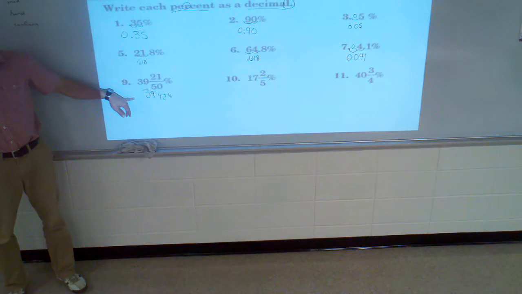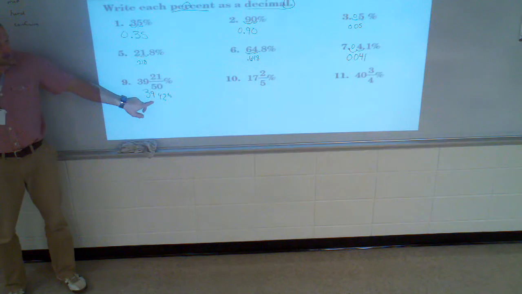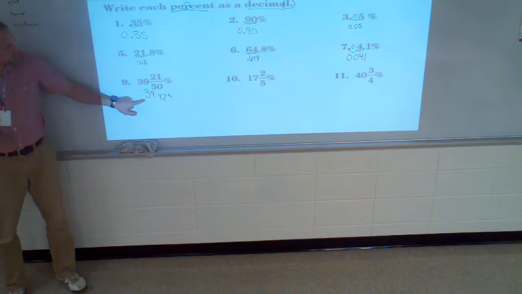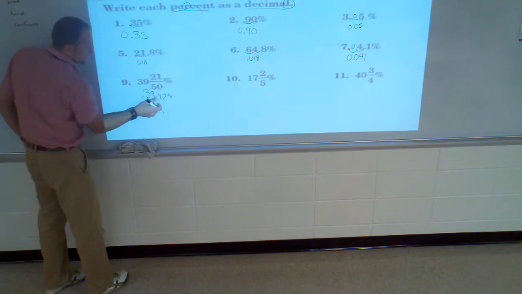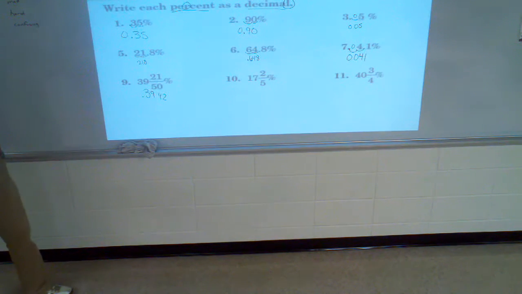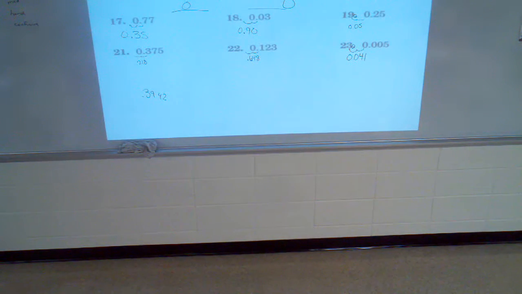This is a harder one. So change the fraction to a decimal now. Scoot your decimal over 2 spots. 0.3942. Okay? So, if you are changing it to a decimal, you need to slide it to the left.